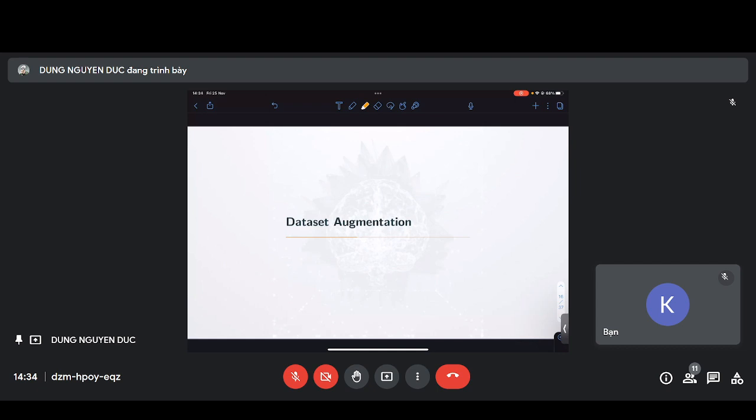Now, what will you choose? Dropping out a unit means you are going to drop out all the weights associated with that node or that output, okay? And dropping out a link means you randomly mask the weight, your choice. Think about it. If I drop out a node, let's say I want to drop out this one, then all the links I have from that one will be discarded.